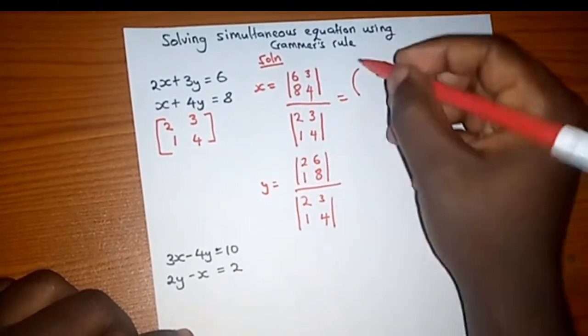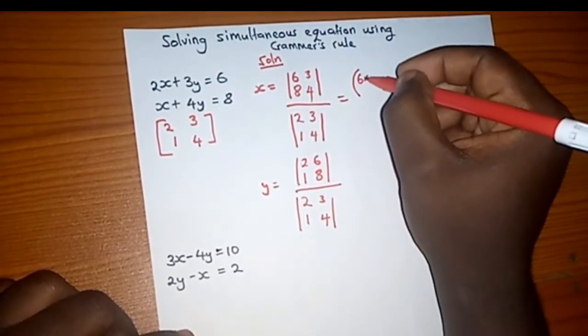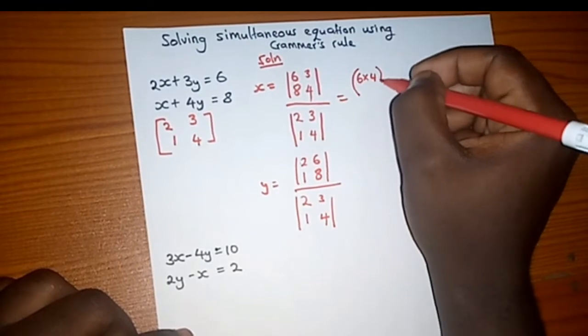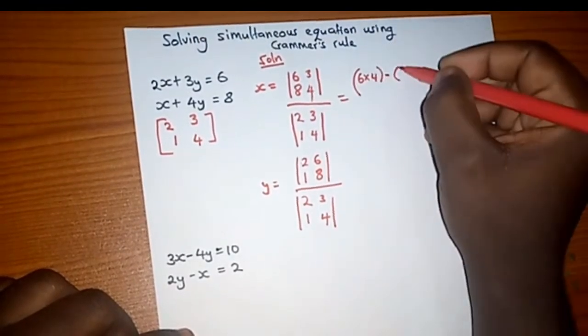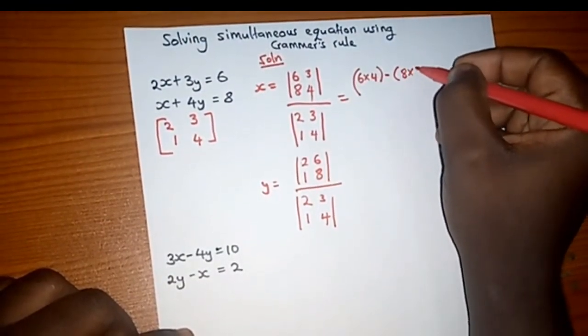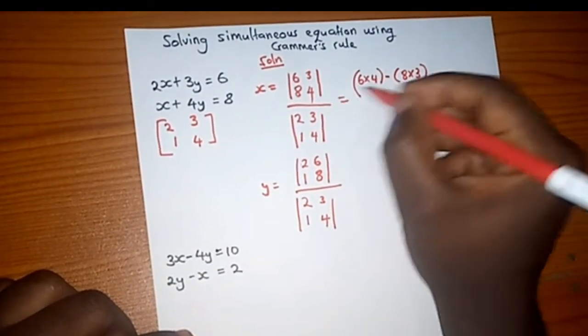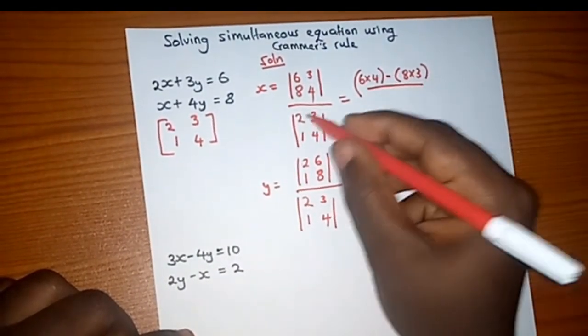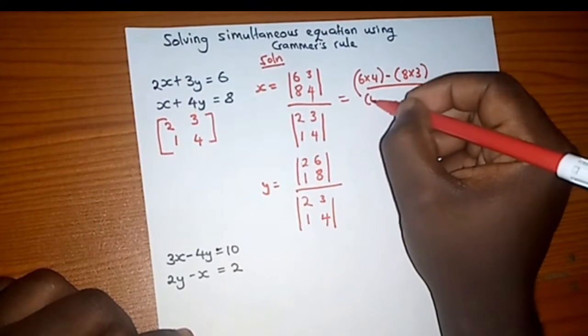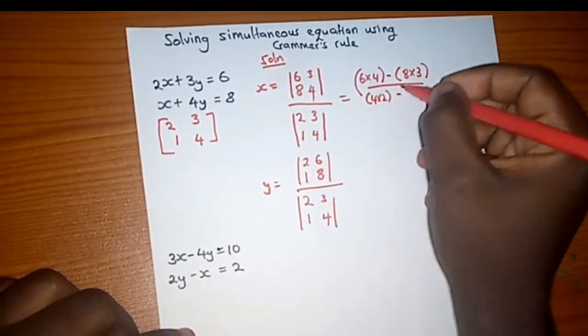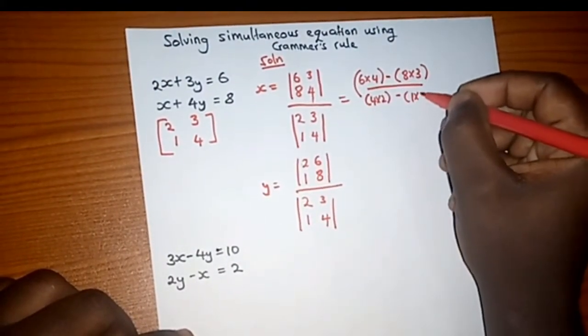So this is 6 times 4 minus 8 times 3, out of 2 times 4, which is 4 times 2, minus 1 times 3.